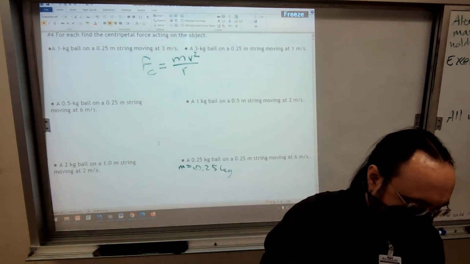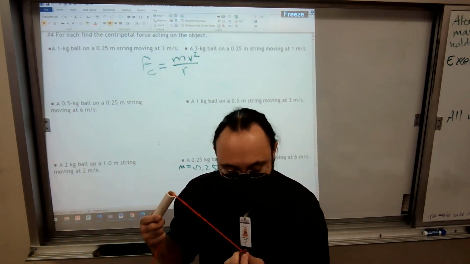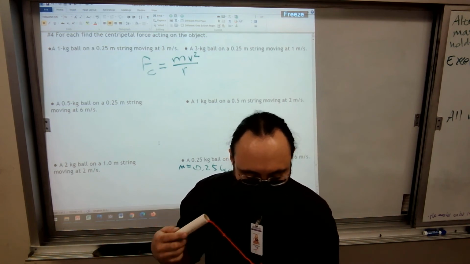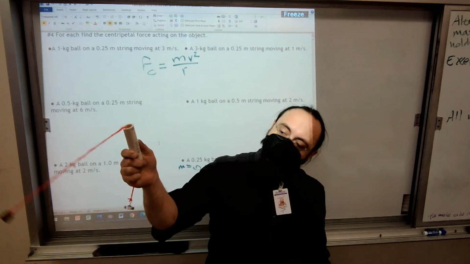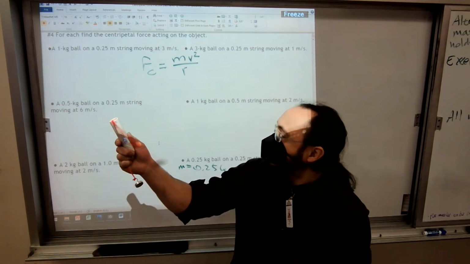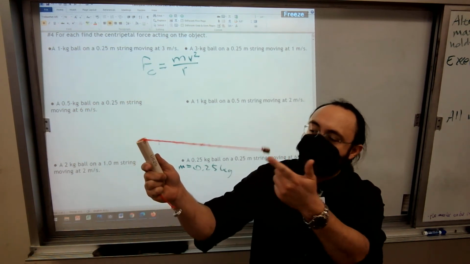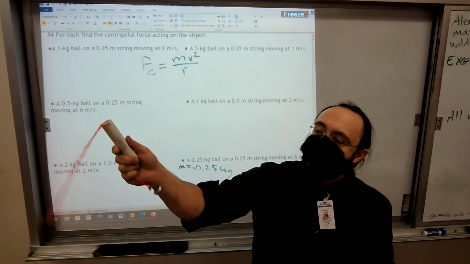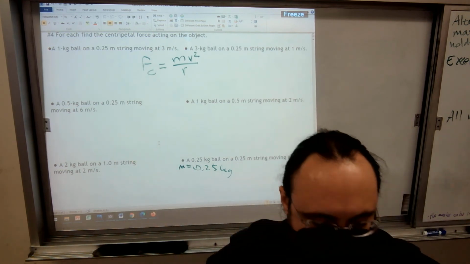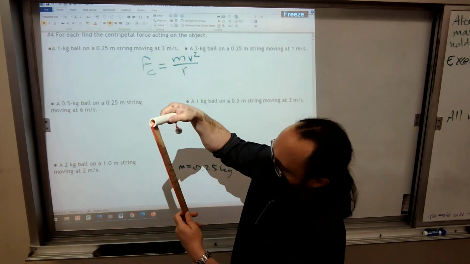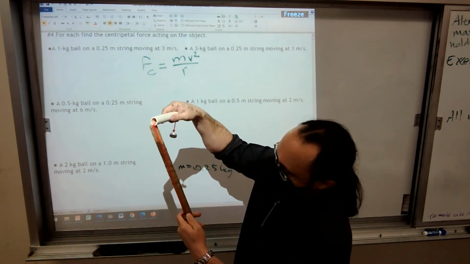So this mass has a mass of 20 grams, which is 0.02 kilograms. So mass in this case will be 0.02 in my case of swinging this thing around. This thing is 30 centimeters long.